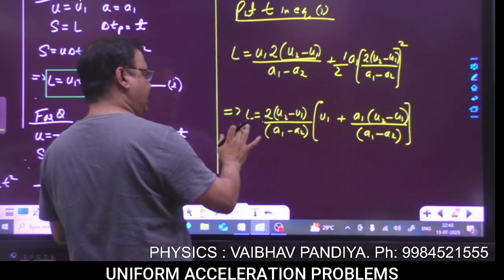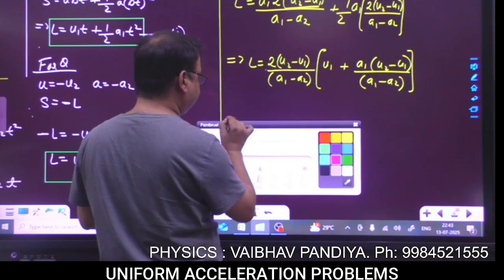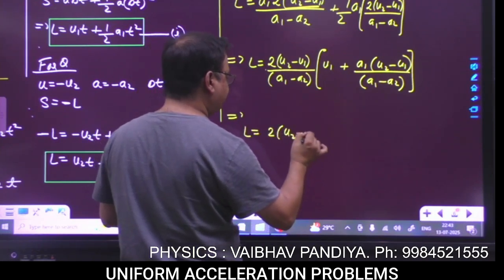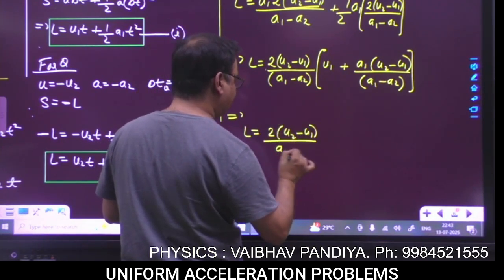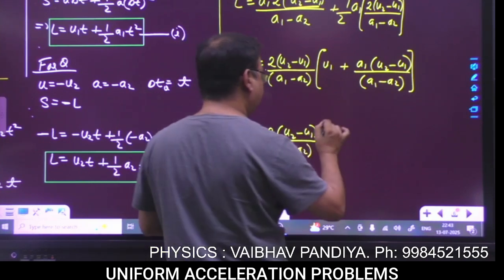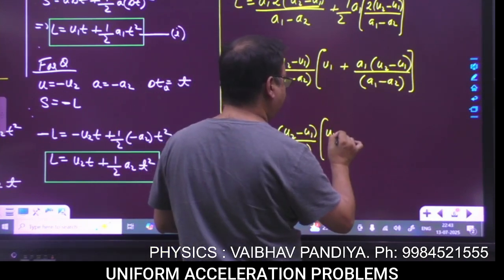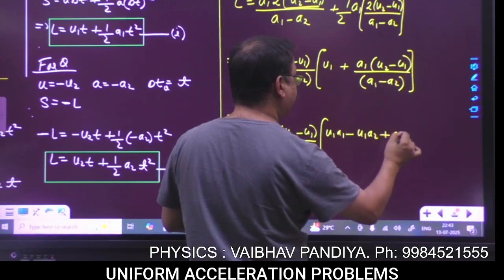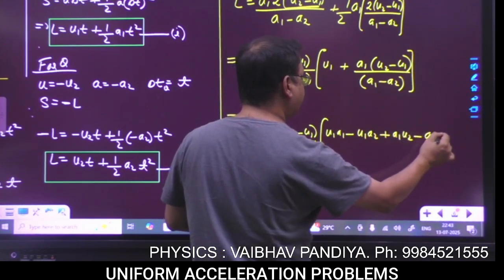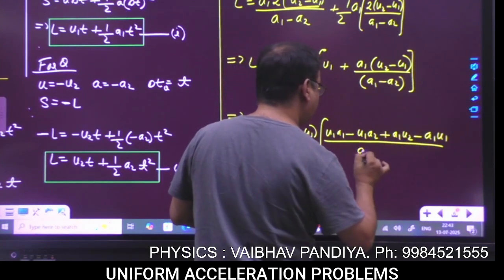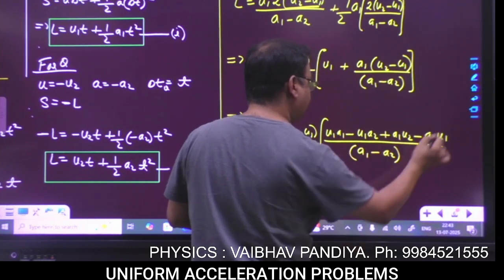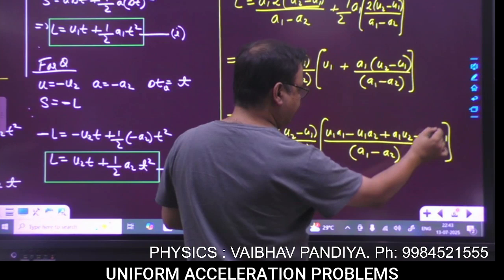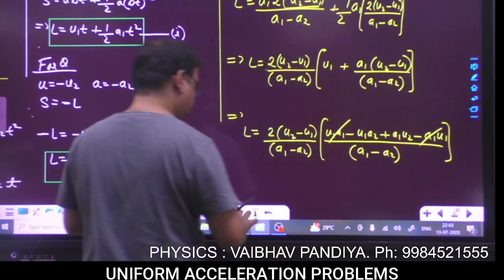So L will come to be 2(U2 minus U1) divided by (A1 minus A2), and you will get U1 A1 minus U1 A2 plus A1 U2 minus A1 U1, divided by (A1 minus A2). Now U1 A1 and minus A1 U1 will get cancelled away.